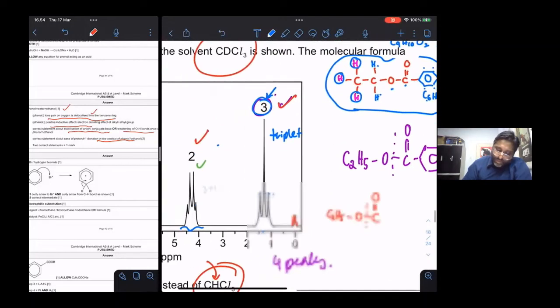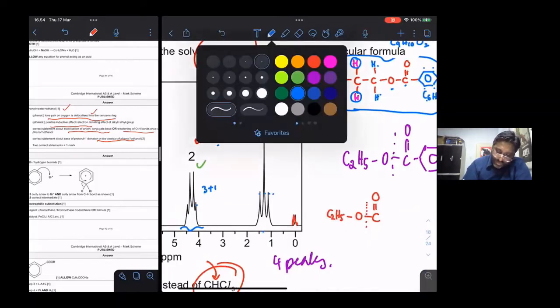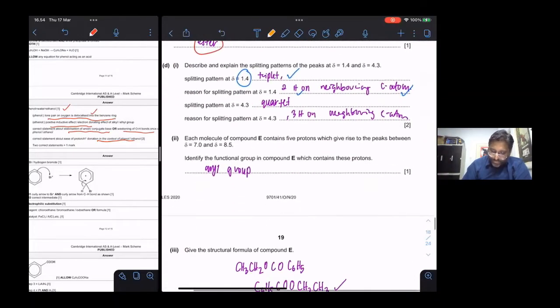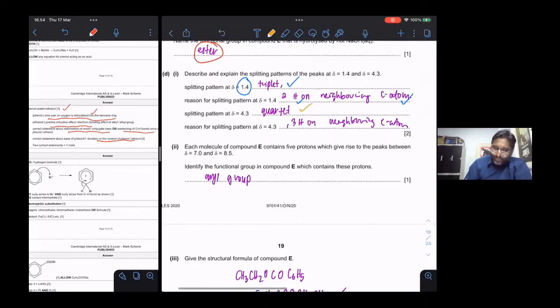So most likely we are talking about this hydrogen, and the neighboring carbon has 3 hydrogen on the neighboring carbon atom.